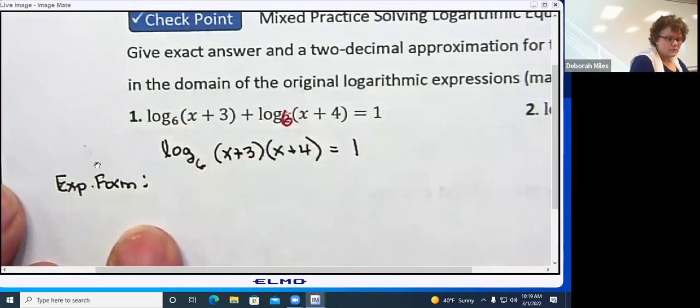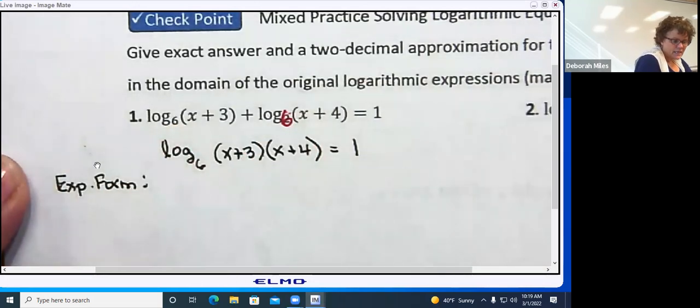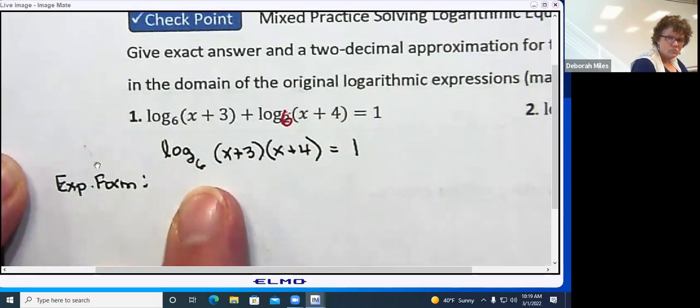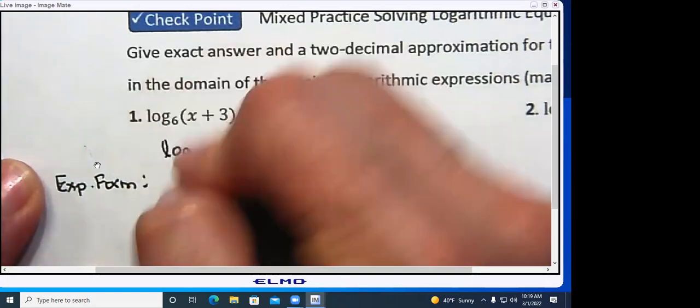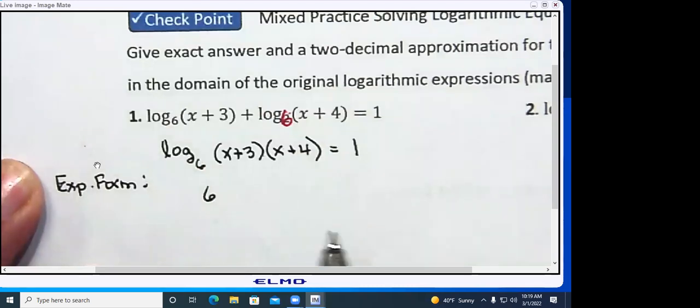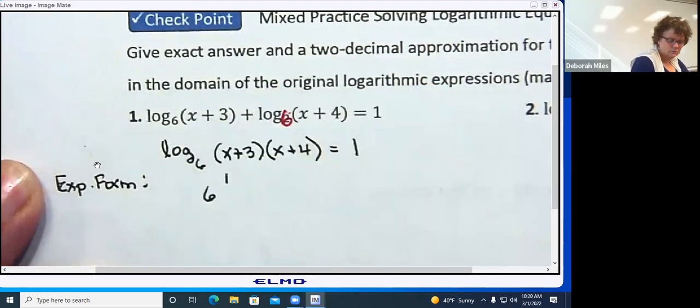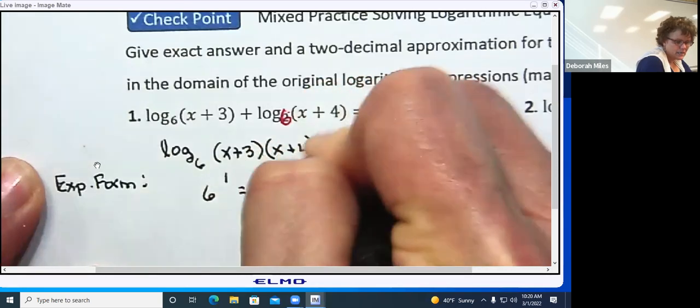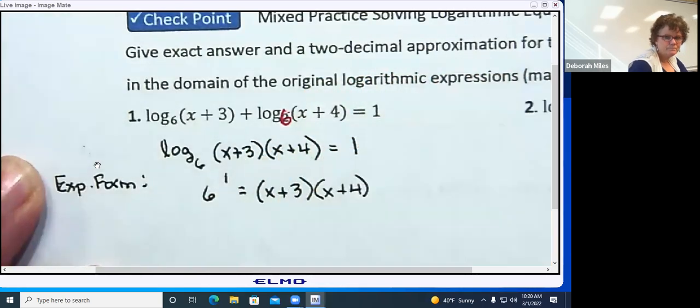But if they're both 6s, then I could change that to exponential form. The base would be 6. The exponent would be what? Ooh, I'm a little bit worried about y'all if y'all can't change that to exponential form. 6 to the first equals the x plus 3 times x plus 4.